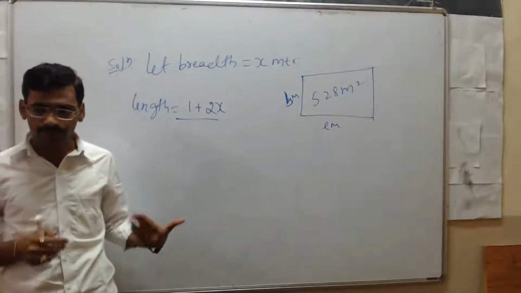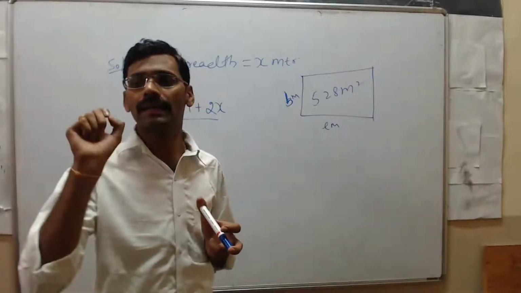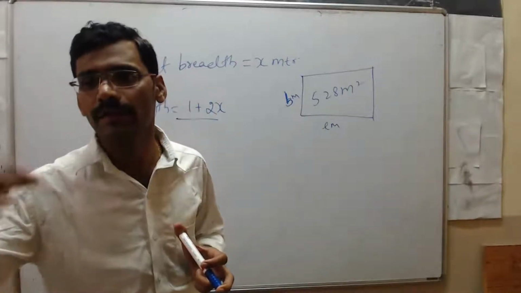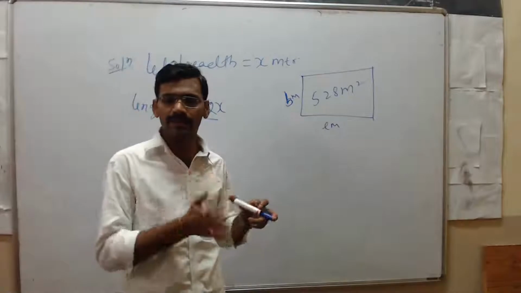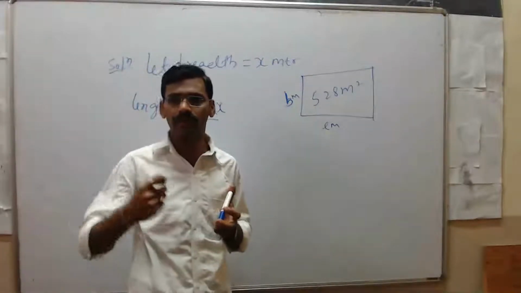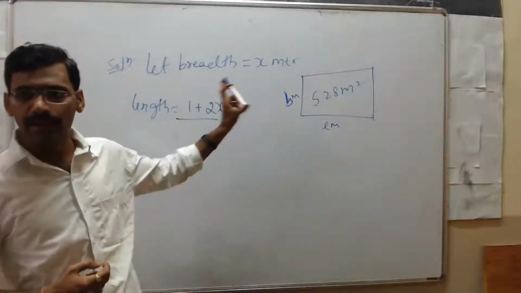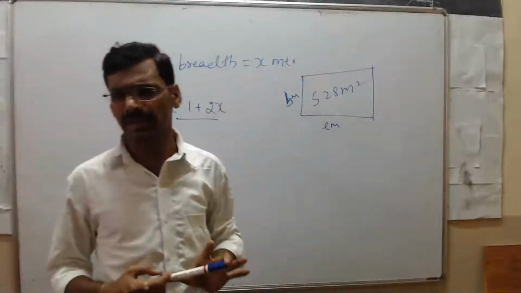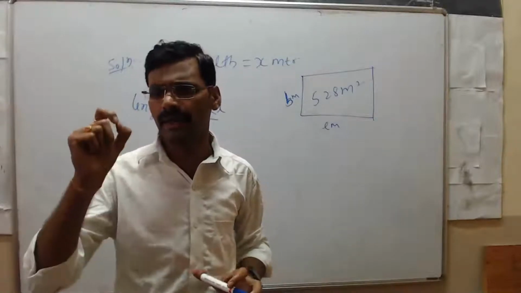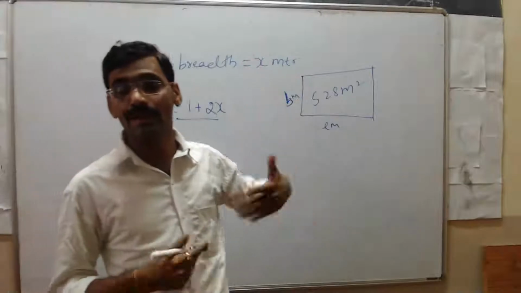But here, the length of the plot is 1 meter more than twice its breadth. It means length is compared with breadth, but the breadth value is not given. So we have to consider: let the breadth of the rectangular plot be x meter. What is the length?